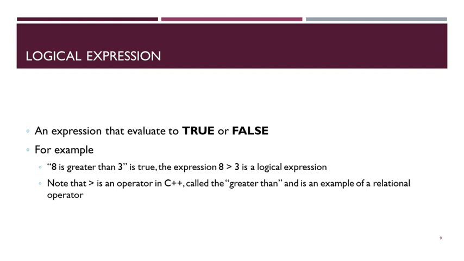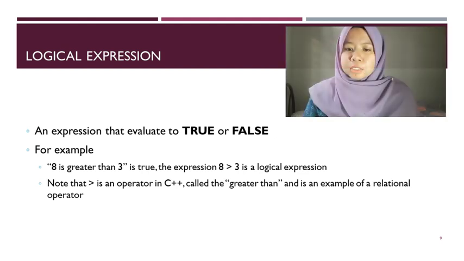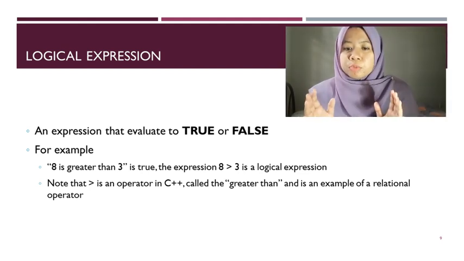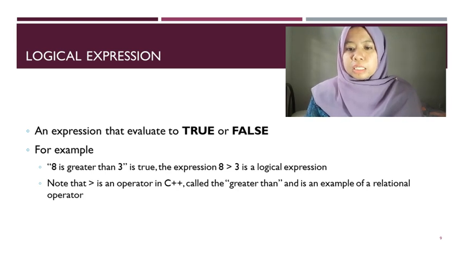After that, we are going to look at the logical expression. As I said before, the expression or the condition itself is usually a logical expression. So what is a logical expression? It is an expression that evaluates to true or false. For example, the logical expression 8 is greater than 3. It's true, of course.